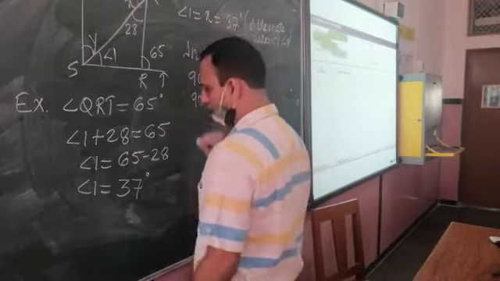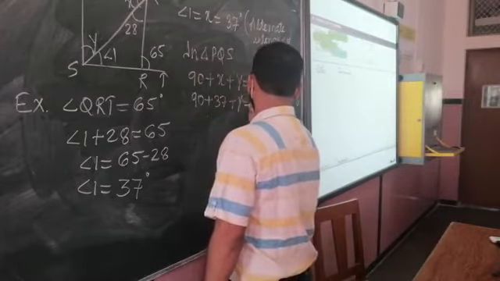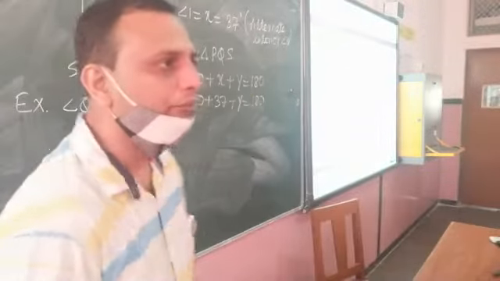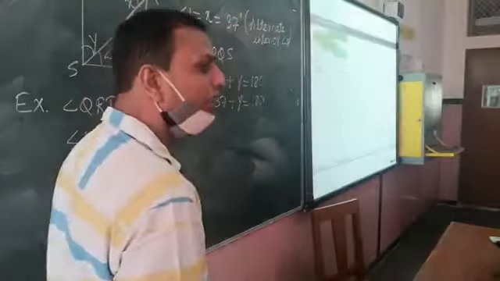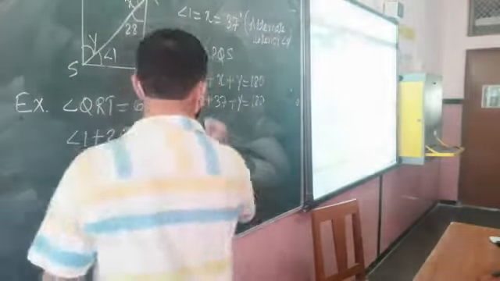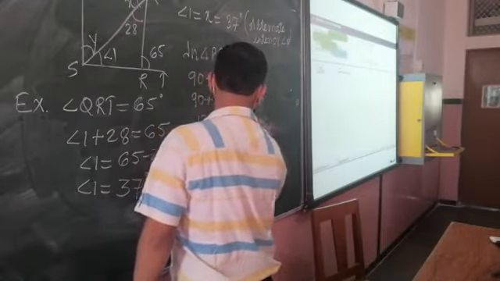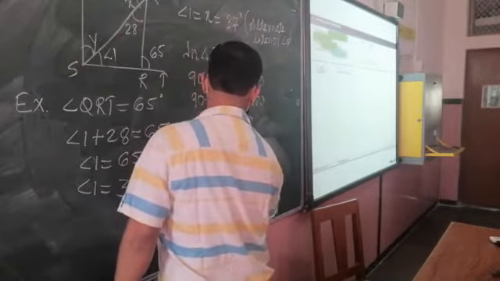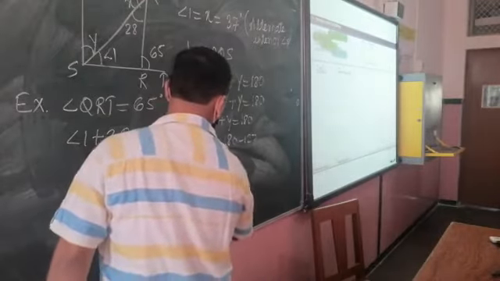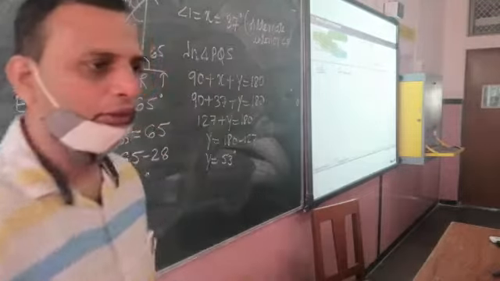What is the value of x? 37. What is the value of y? We have to find from the figure. 90 plus 37 equal to how much? 127. What is 180 minus 127? 53 is the answer. Got it?